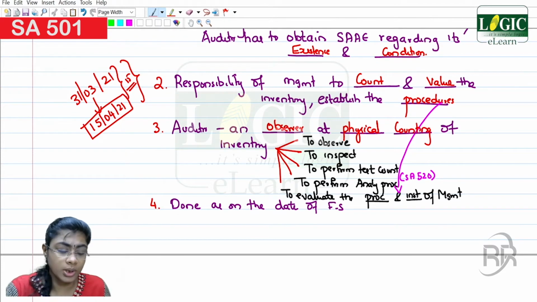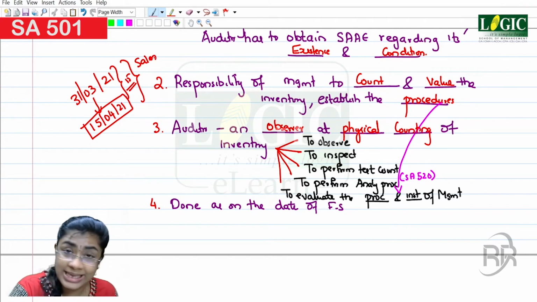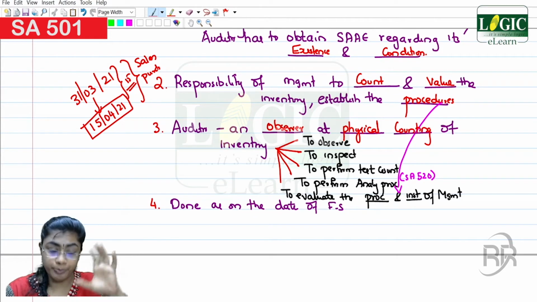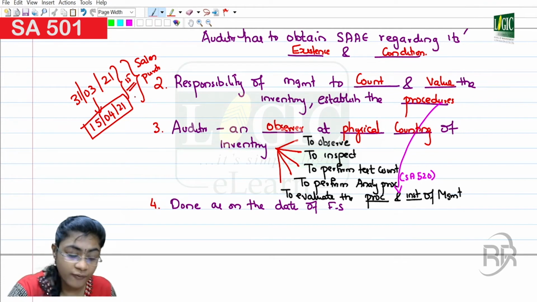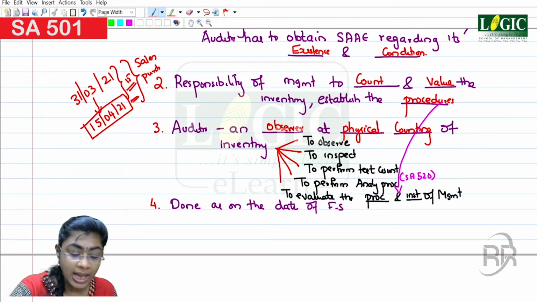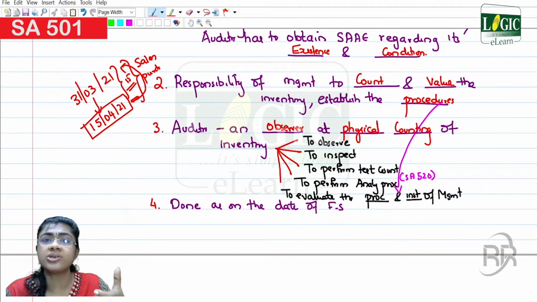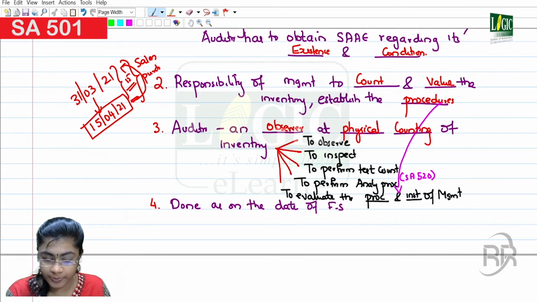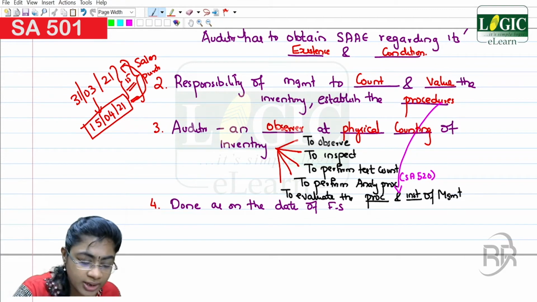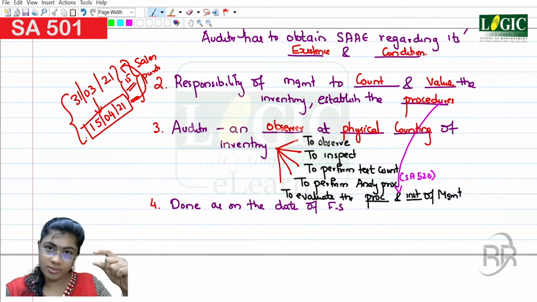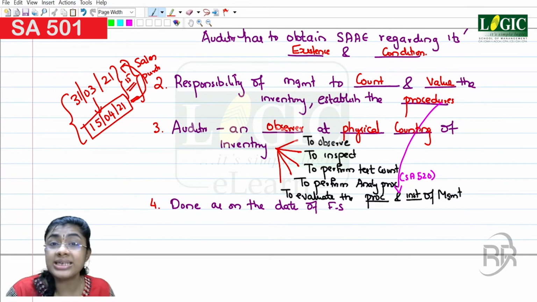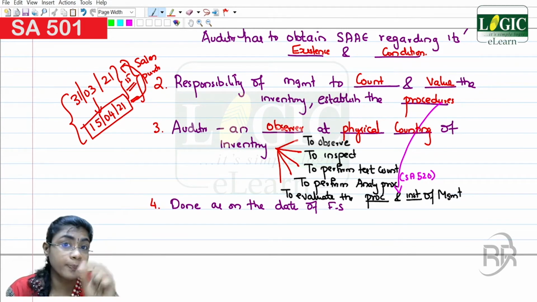You know, these 15 days' sales you will add back, purchases you will reduce from this inventory, and you can back-work and arrive at the inventory as on the balance sheet date, the date of FS. This 15 days, that period, I'm calling it the intervening period.